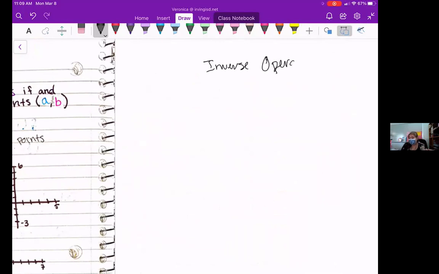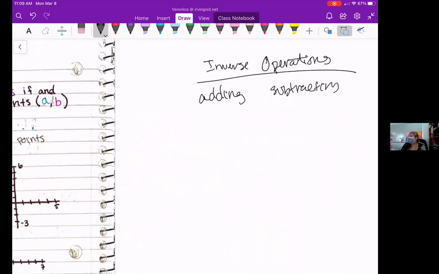So inverse operations, for example, the inverse of adding is what? Subtracting. That is the inverse of adding. Why are they inverses? Because they undo each other.